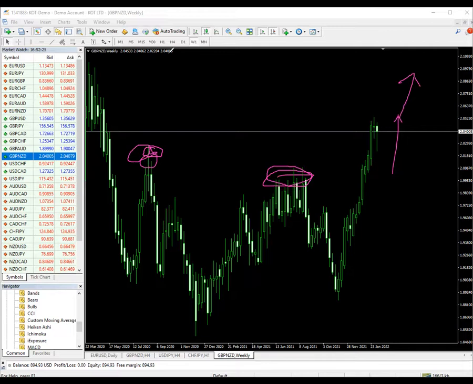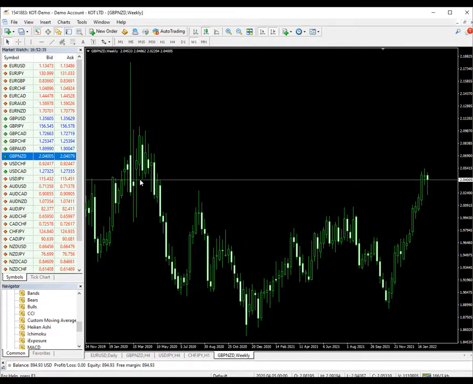But the banks that we actually trade with, they know that we all know that GBPNZD is on a buy move now. So what they are going to do is try to do a pullback, because they know that once this resistance level is broken and this one is also broken, we are all going to go buy.